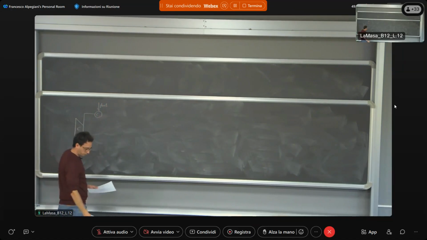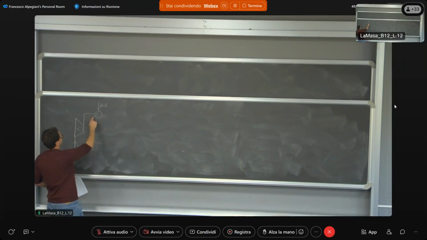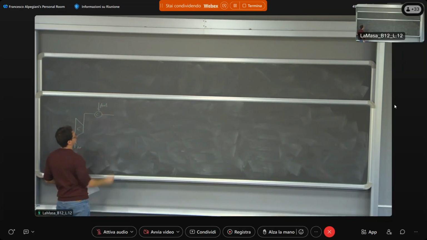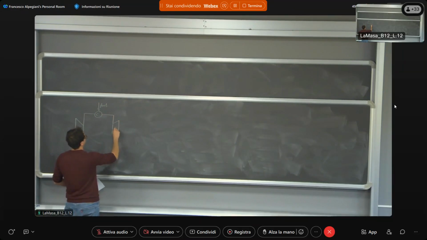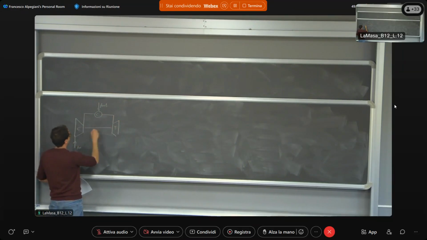Then, after the combustor, we have high temperature flue gases that are expanded in a gas turbine, which drives, firstly, the compressor.